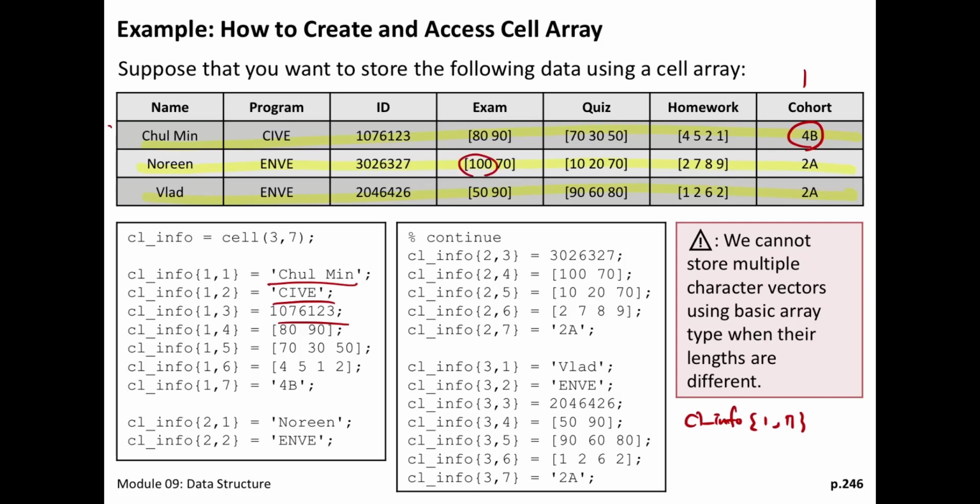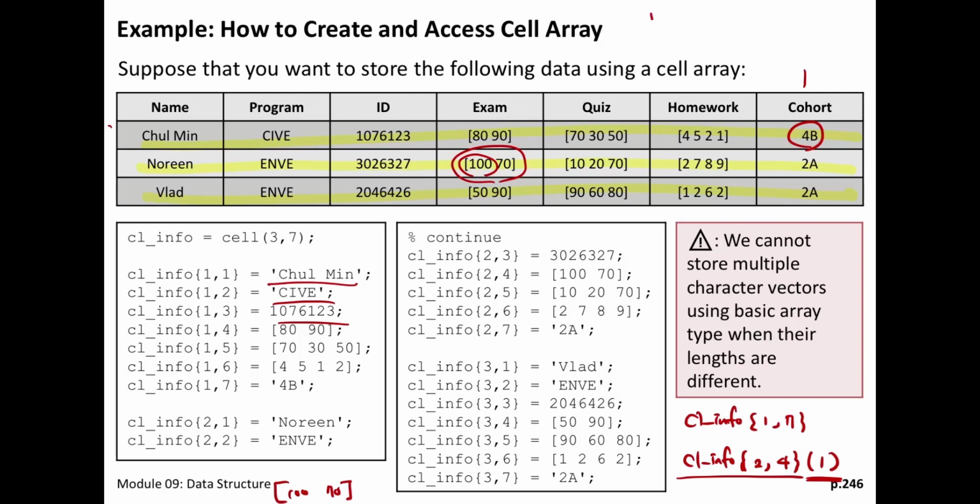Okay, that is class info, second row and the first column. And what is this one? This one is indicating this vector, 117, right? To read the first value, you need to use this one, parenthesis.